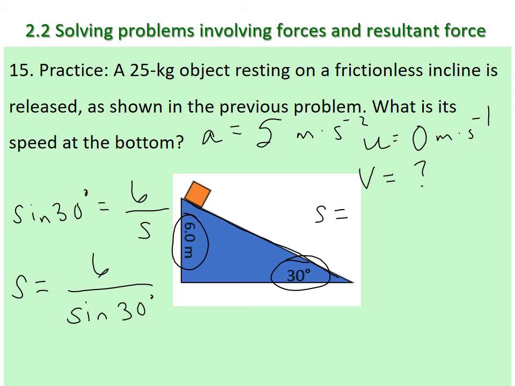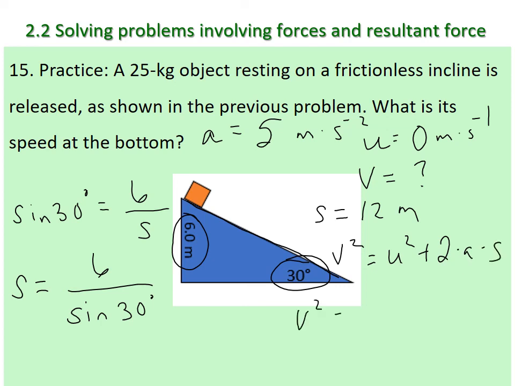I'm plugging this in my calculator right now, and I get 12 meters. So I have acceleration, I have u, I'm looking for v, and I have s. I can use the SUVAT equation: V squared equals u squared plus 2 times a times s.